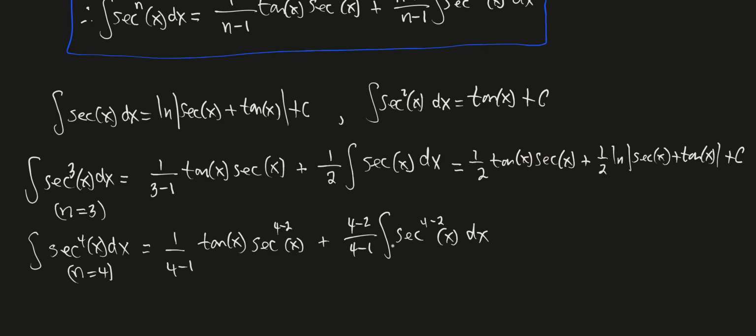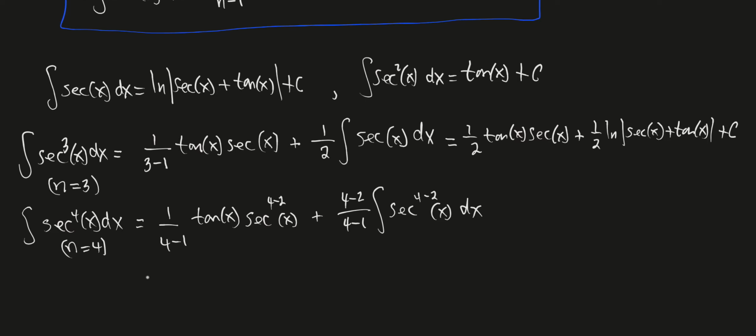So now let's simplify this. So this will be 1/3, and then I'll have tangent x times secant squared, right? So like that. And then plus, and then this is 2/3 times the integral of secant squared.